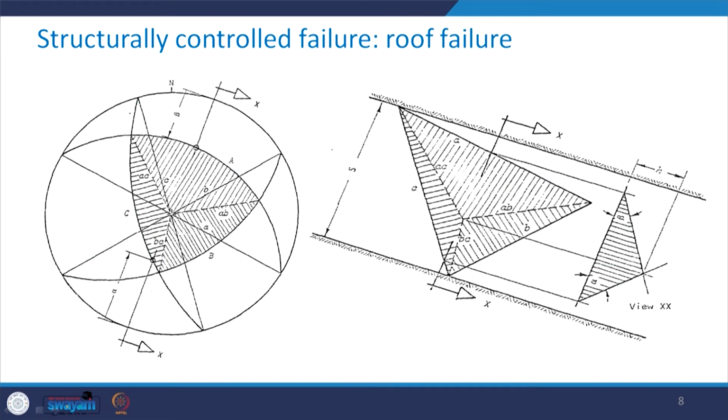So, once again see here, this A is parallel to this strike, this B is parallel to this strike, and this C is parallel to the strike C here, and this is how this triangle is constructed.